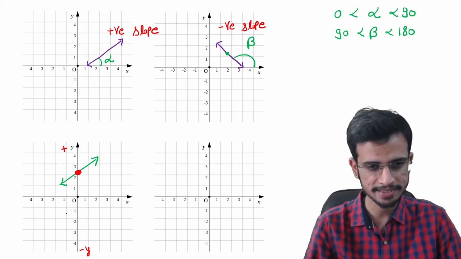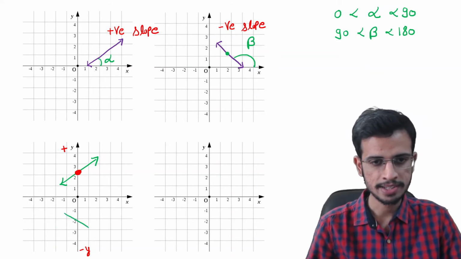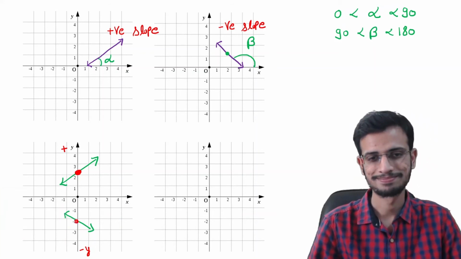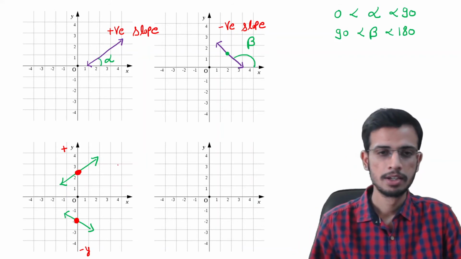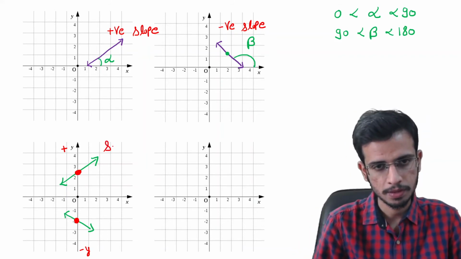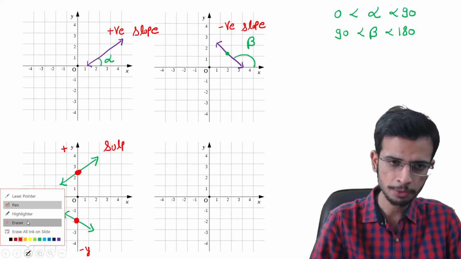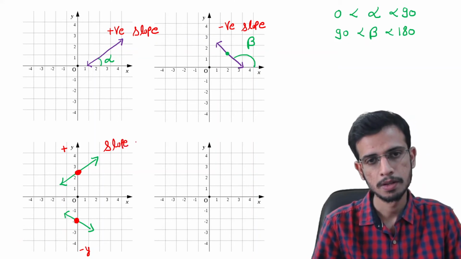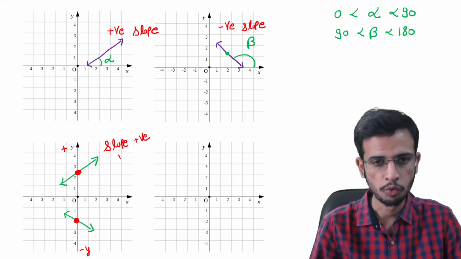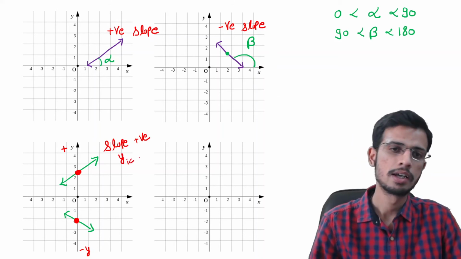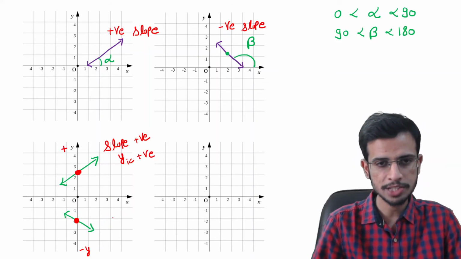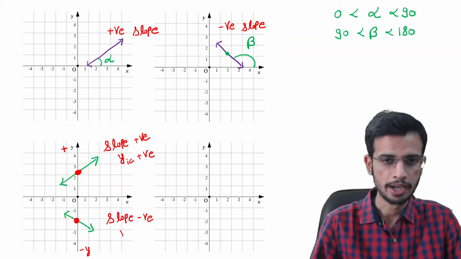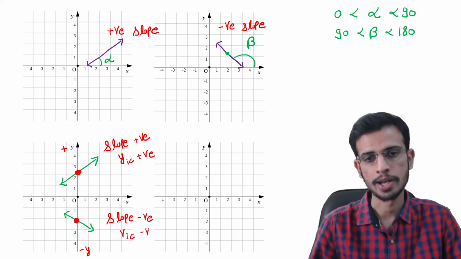If we draw a line like this, we'll say it is having negative y-intercept because it is cutting the y-axis at a negative point, right? We can say slope is positive, and y-intercept is also positive. For this we can say slope is negative and y-intercept is also negative.